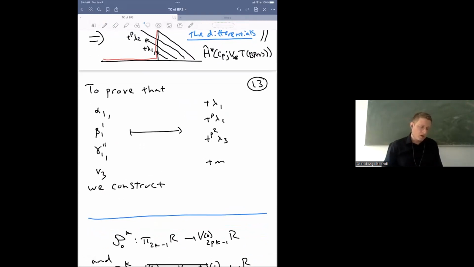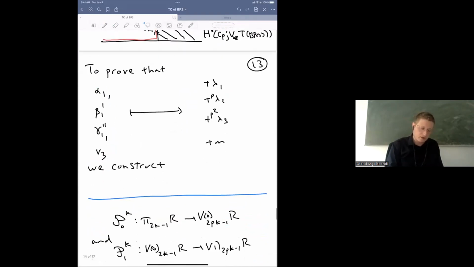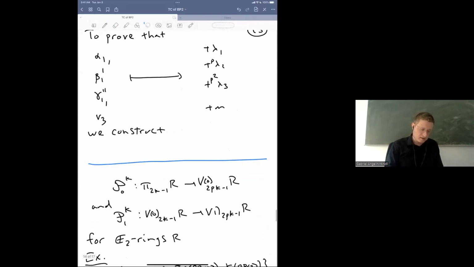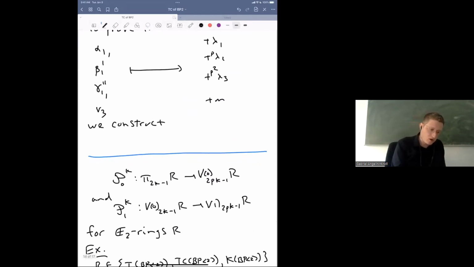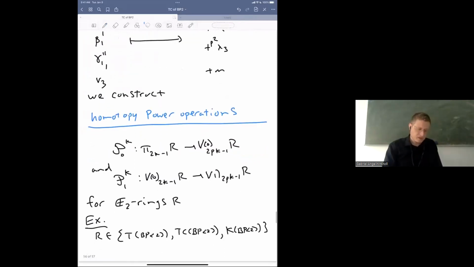All right, so we want to prove that each of these classes map to these classes. And so the key thing is to construct certain homotopy power operations. Just for the purposes of this talk, I'm going to write them like this.